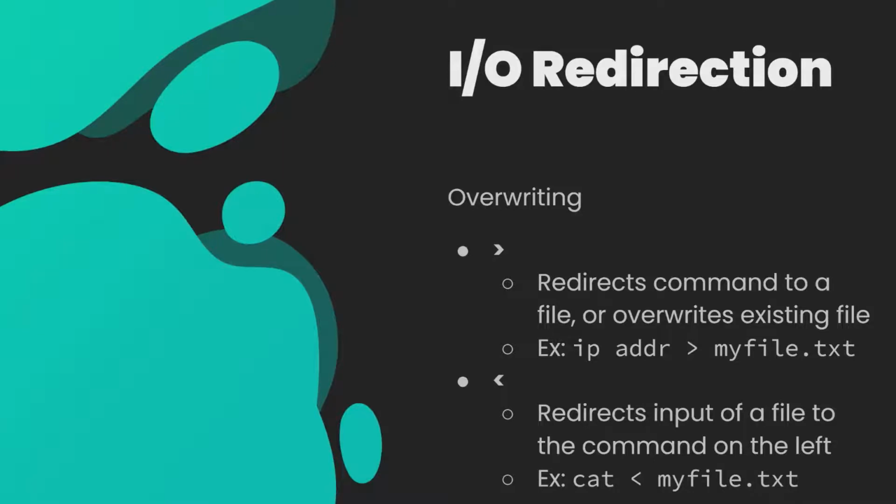So what that means is that it's getting the output of the command on the left side and putting it into a file on the right side. The example that I show here is ip addr, which just shows the IP address. And the output of that will be put into a file named myfile.txt.